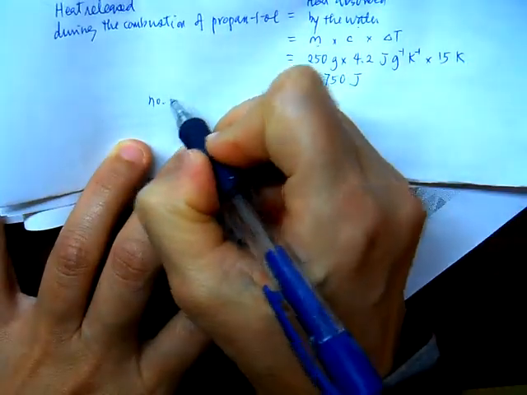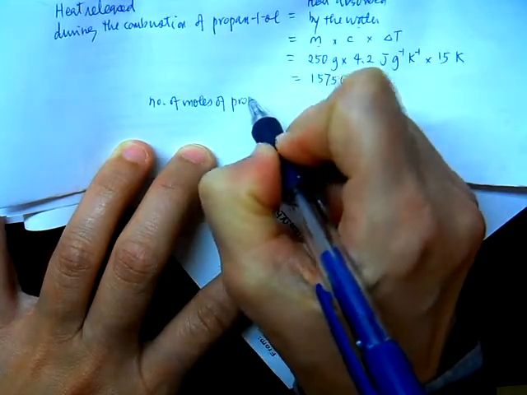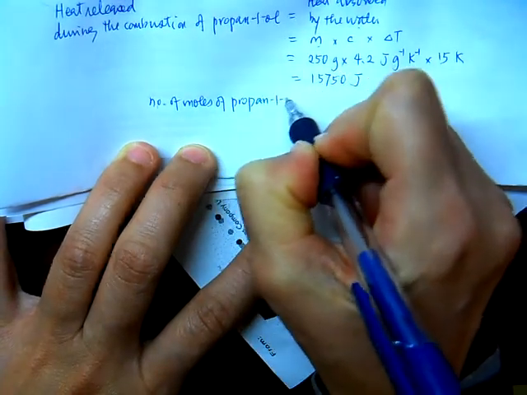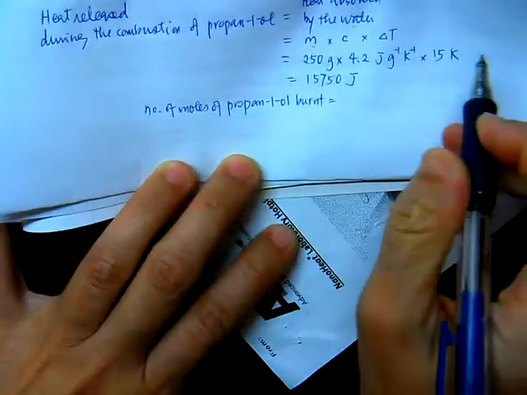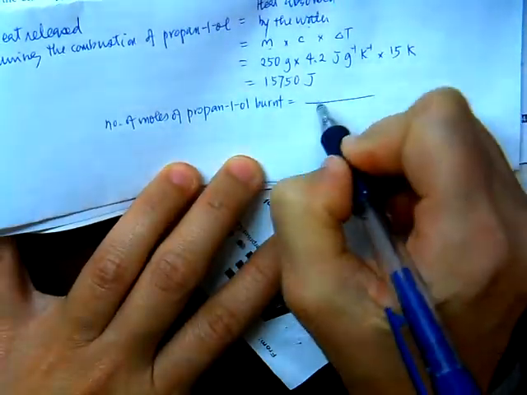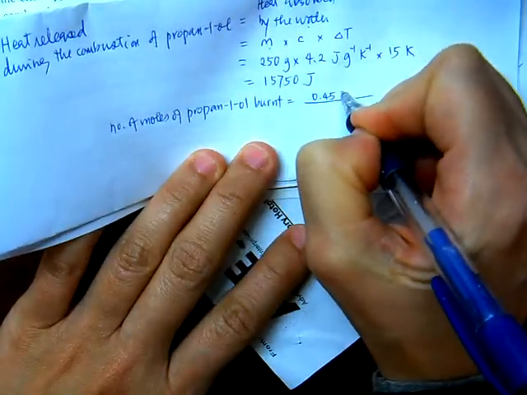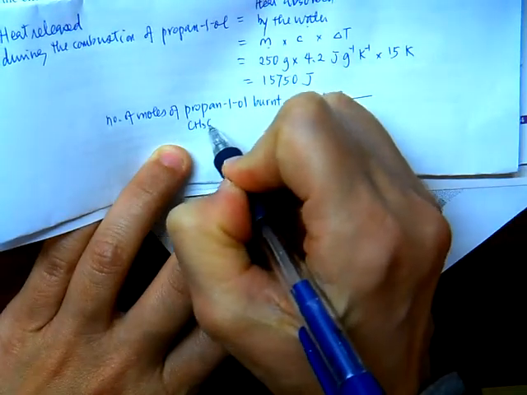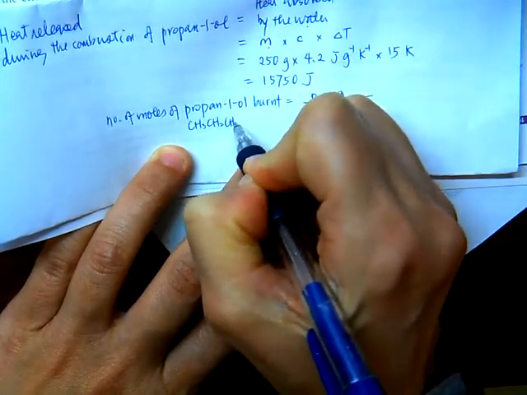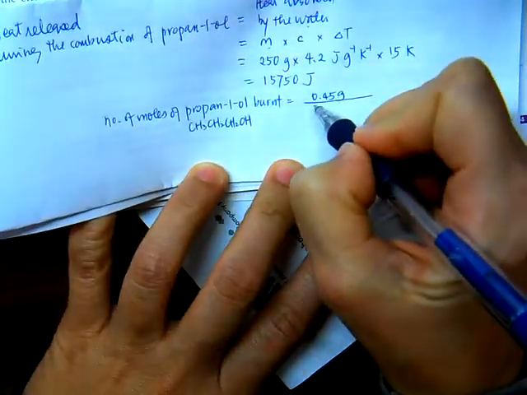You need to work out the number of moles of propan-1-ol burned, which is equal to the mass of propan-1-ol, 0.45 gram, over molar mass of propan-1-ol. This is the formula for propan-1-ol. So look at the formula.